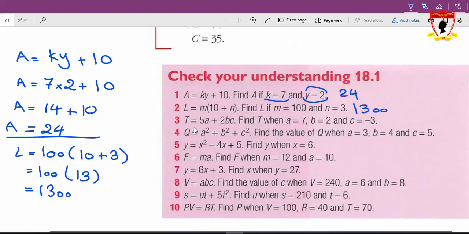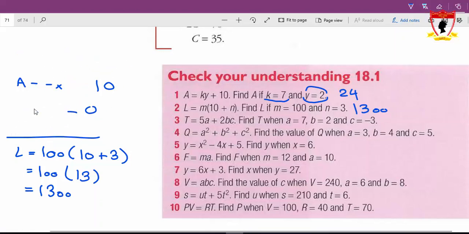Question 3. T is equal to 5a plus 2bc. Find T when a is 7, b is 2, and c is negative 3. Let's do question 3. All you have to do, substitute, instead of a, 7.